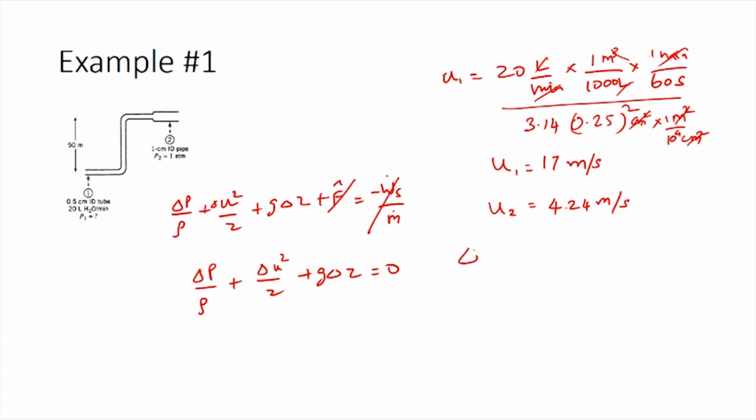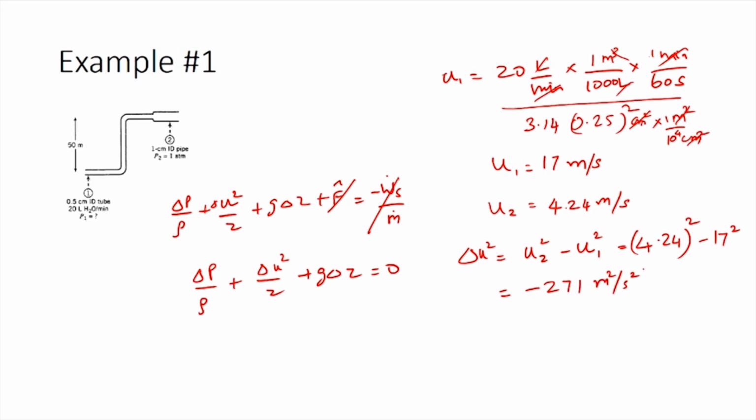So, we need to calculate delta u squared, which would be u2 squared minus u1 squared, which is 4.24 squared minus 17 squared, giving a change in velocity squared of minus 271 meter squared per second squared.